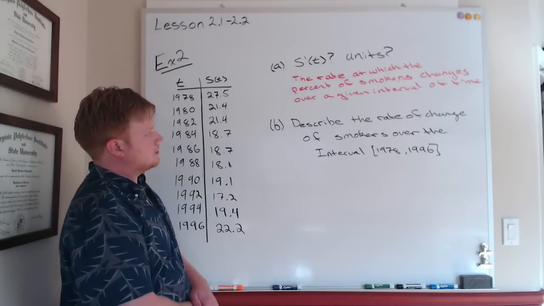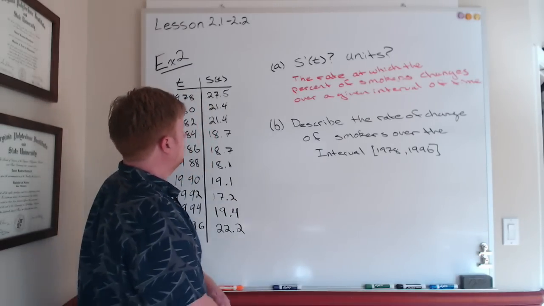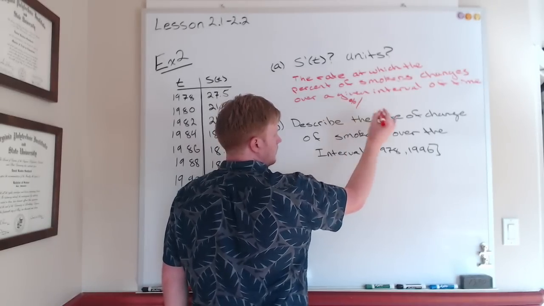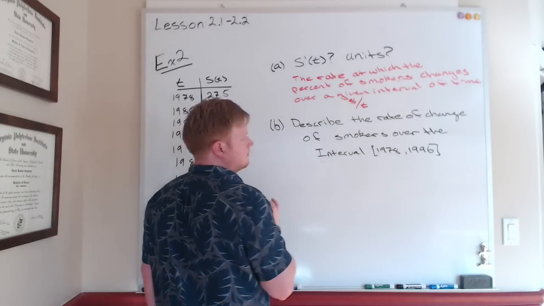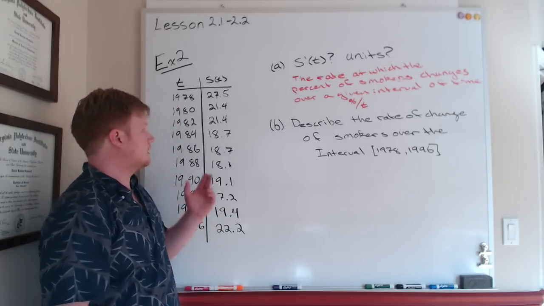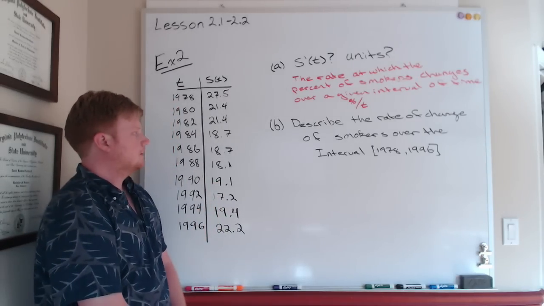And those units would look like percent per time, or percent of smokers per unit of time. And in this case, that unit is years.